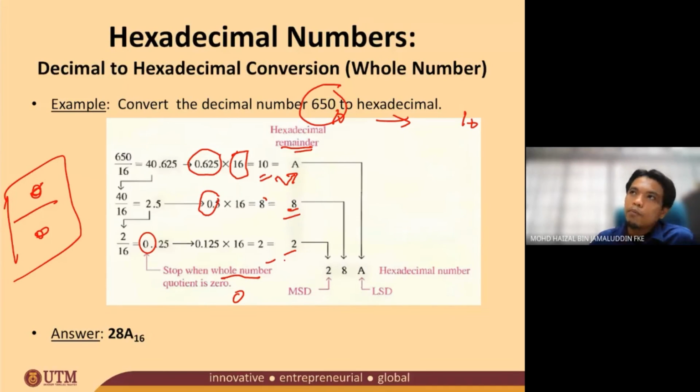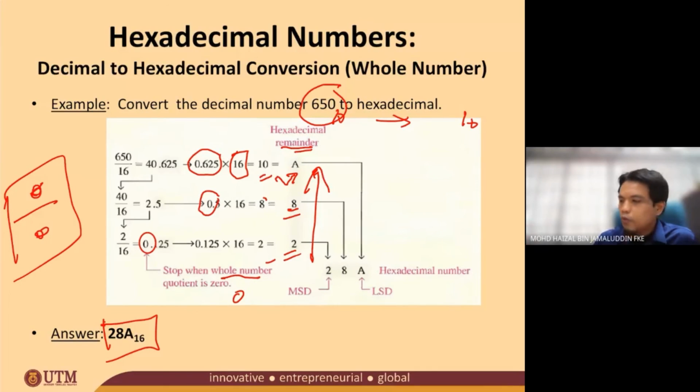MSB is most significant bit. So MSB is referring to binary number because it's bits. MSD is digital number. So you take the value from bottom to up, and you get the 28A with the base of 16.